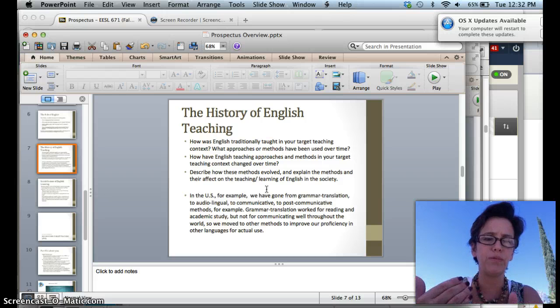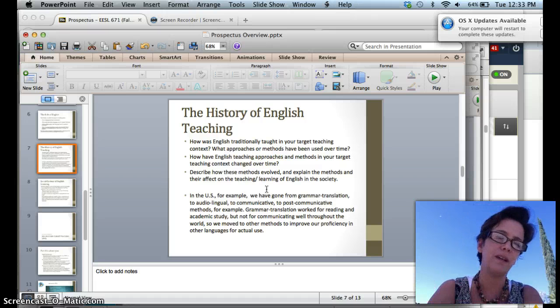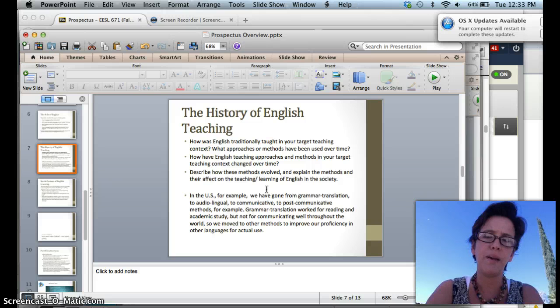That's when we went through the First World War and Second World War. We realized we need to be able to communicate better with actual people who are speaking the language. So we changed our methods to audiolingual methods and then communicative language teaching. So it has changed over time. So in this section, you're going to talk about how it has changed over time in the context in question.